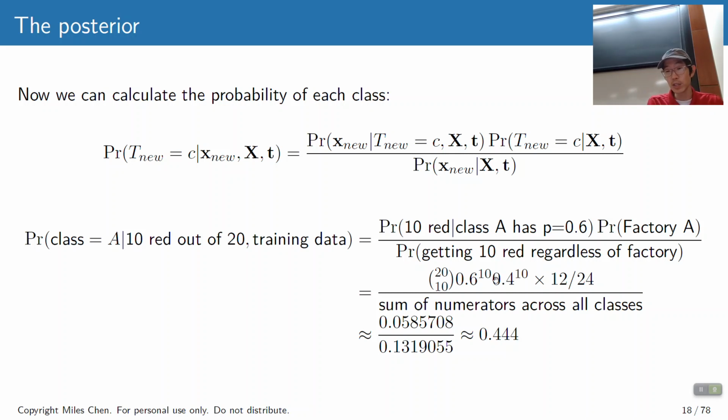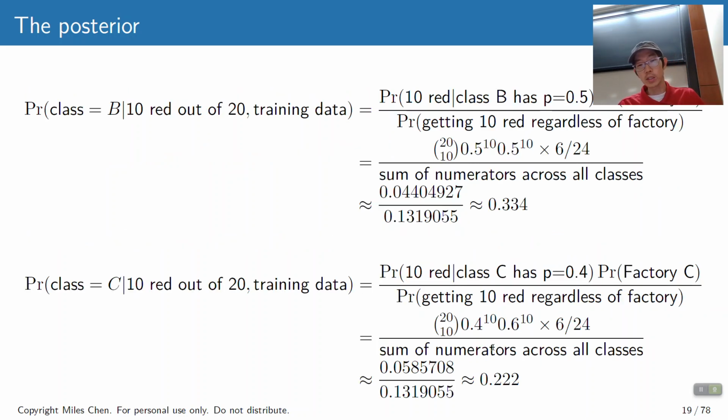That's the binomial probability, and we multiply it by the prior probability of getting it from factory A, which was 1/2, 12 out of 24, divided by the overall probability of getting 10 red regardless of factory, which is the sum of the numerators across all possible classes, and I get 0.44. I do the same thing for class B, and I get 0.33, and for class C, I get 0.222. These are the three different probabilities.